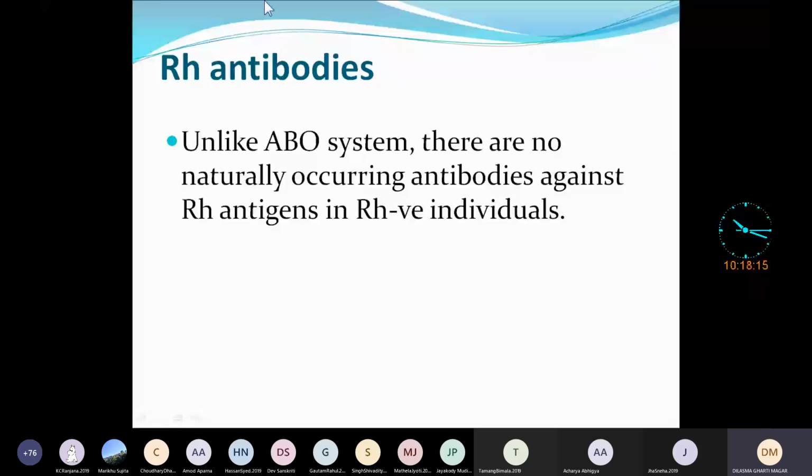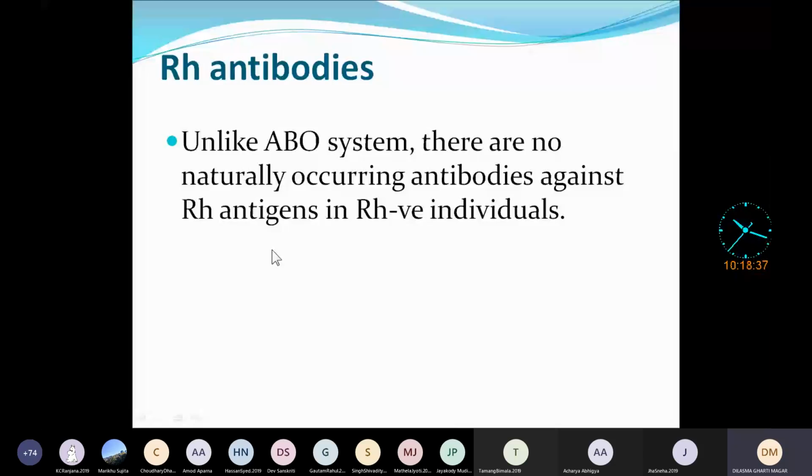I'm telling you, in case of blood group A, in the plasma there will be anti-B. In case of blood group O, there will be anti-A and anti-B. But whenever we ask what antibody is there in case of the D antigen, you have to say there is no antibody. I'm making you clear here. I don't know, because of exam tension or what, they will say anti-D.